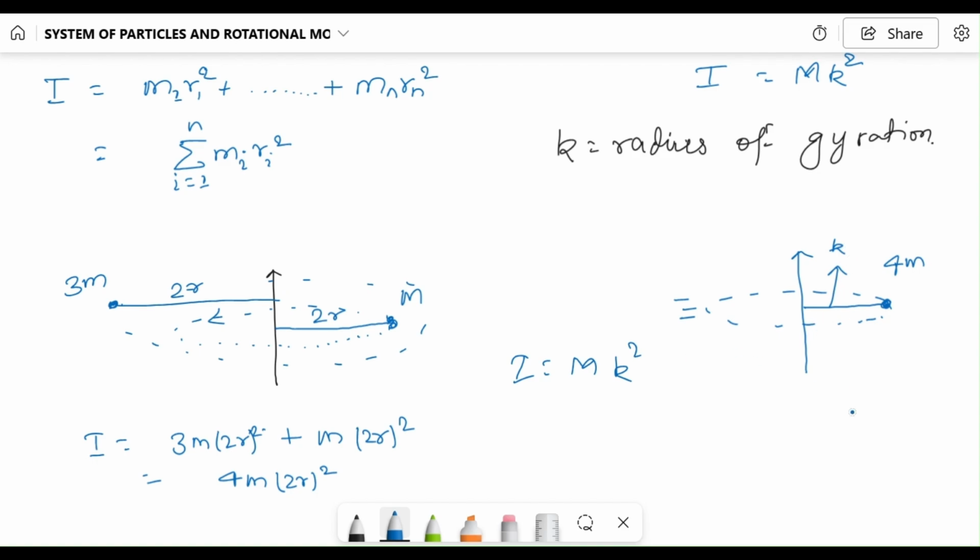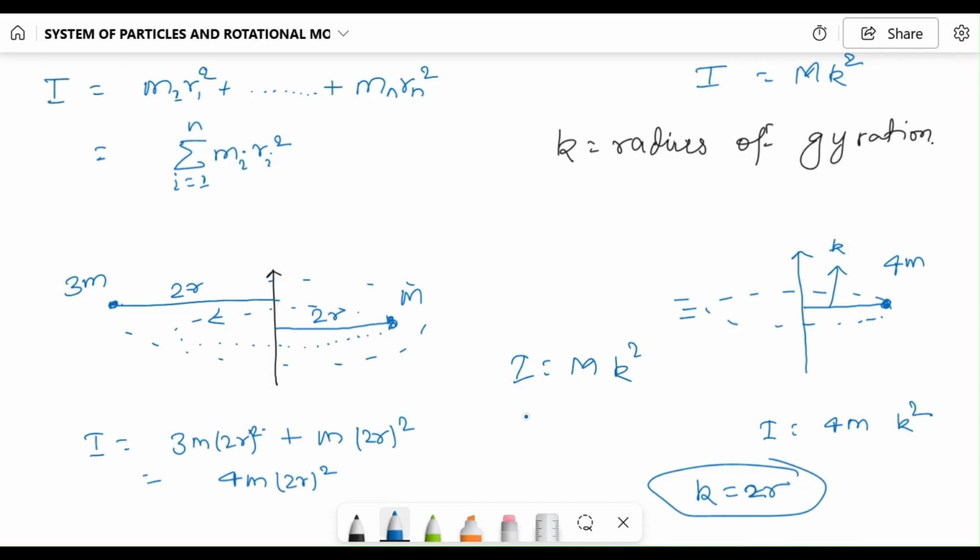So we can write I equals 4m into k square. If we compare these two values of I, because the two are equivalent, we can say k equals 2r. So this system has a radius of gyration of 2r.